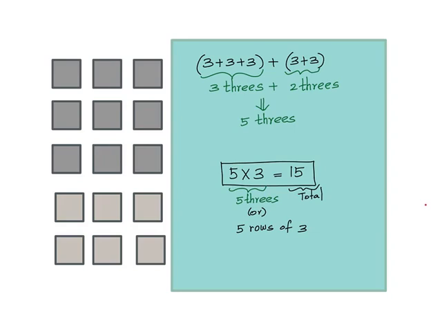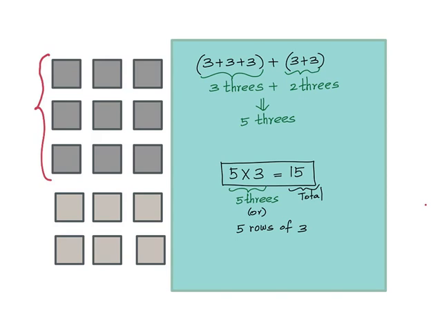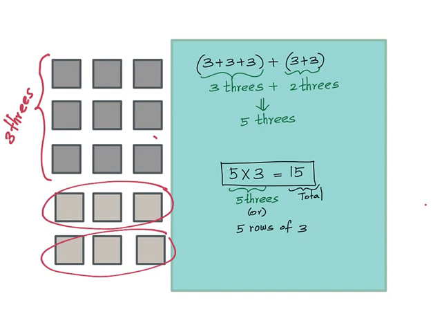Okay, so if you see in this picture, this is the array, and the array here shows 3 plus 3 plus 3, 3 plus 3 plus 3. So there are 3 threes on the top and 2 threes down here.